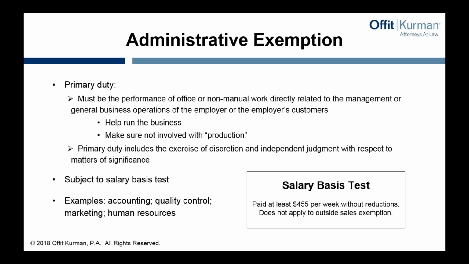And as many of you might recall, this was a big issue in the fall of 2016 because the Department of Labor had announced that the salary basis was going to increase. It was still going to function in the same way, but the number was going to go from $455 per week to $913 per week.